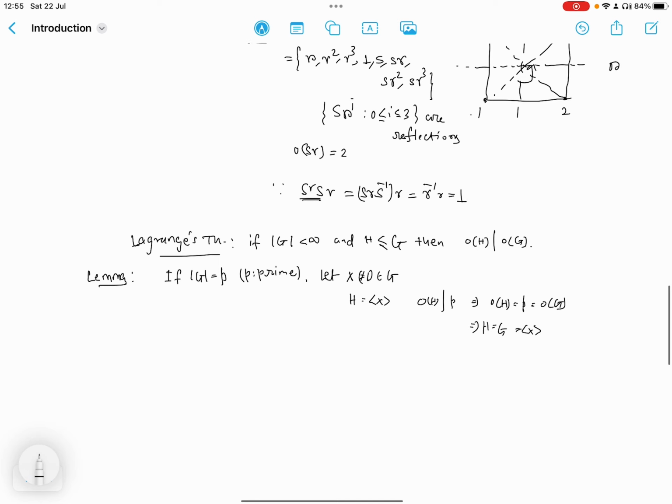In the upcoming videos I will try to classify the groups of order p squared and 2p, where p is an odd prime. Here in this case p is odd, in this case any prime. Also the groups of order pq, where p and q are distinct primes.